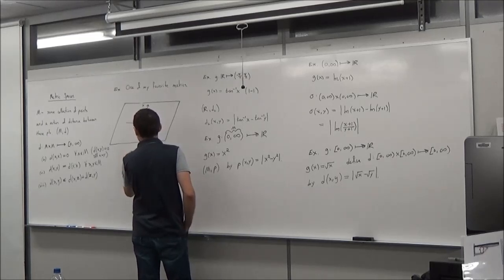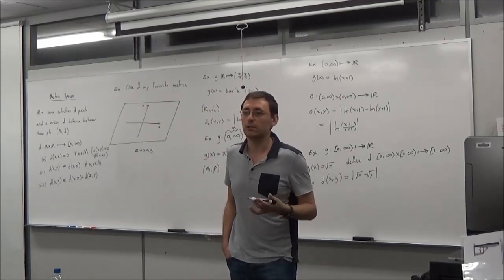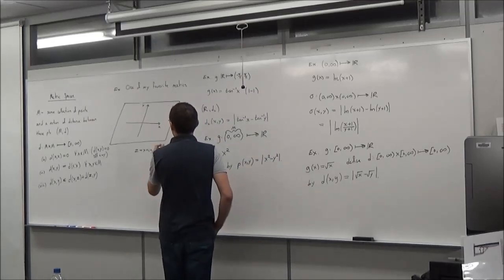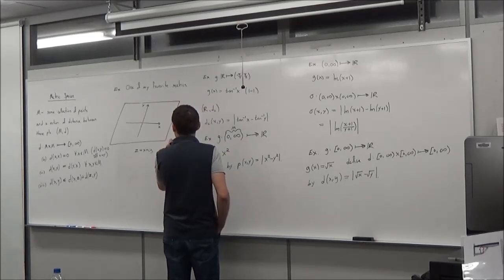You would say that z is equal to x plus iy. After all, complex numbers are just two-dimensional numbers. You can think of this as the complex plane, which is the same as R2.